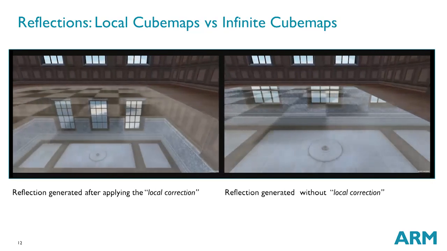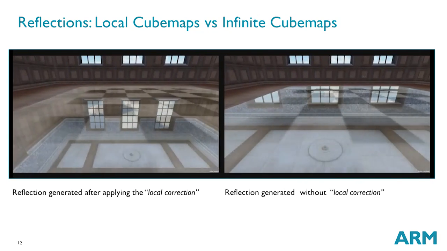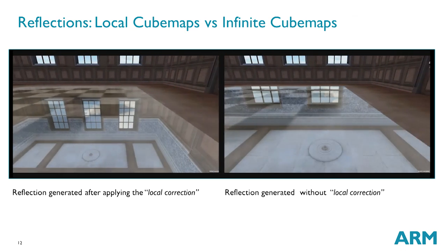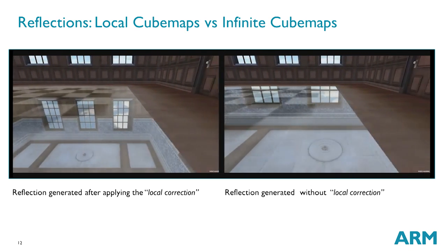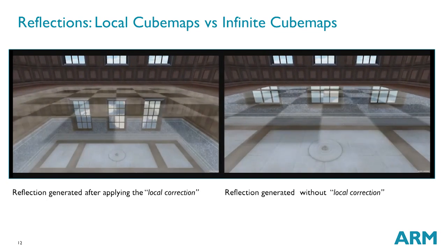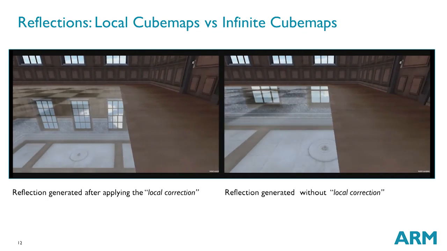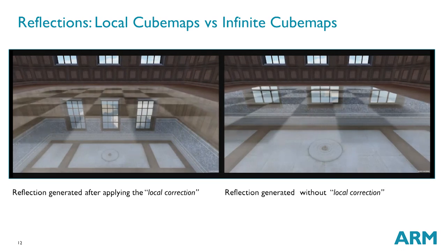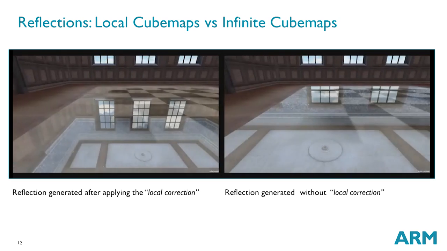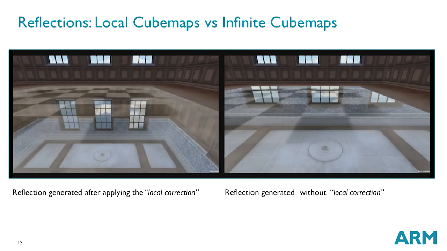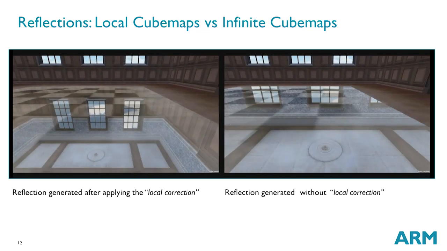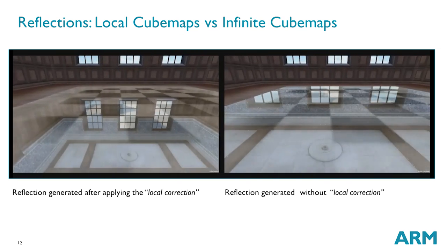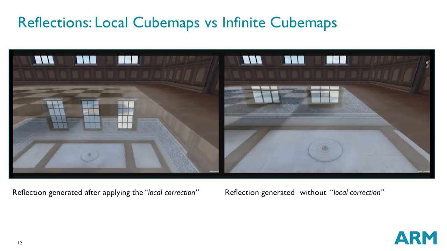And this is not what happens in the real world, where reflections depend upon the viewer position and also the view direction. And on the left, I'm showing the reflection after applying the local correction. So no matter what we store in our Cubemap, when we are dealing with Cubemaps in a local environment, we need to apply the local correction. Otherwise, we will not get what we expect.